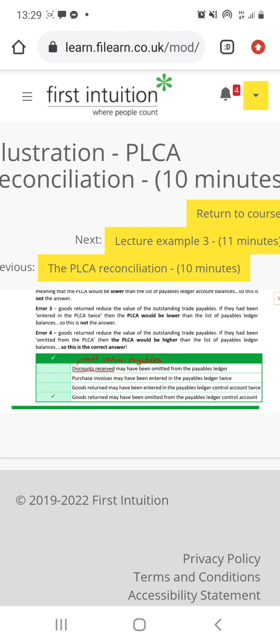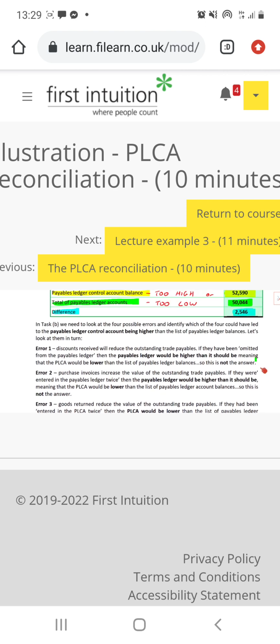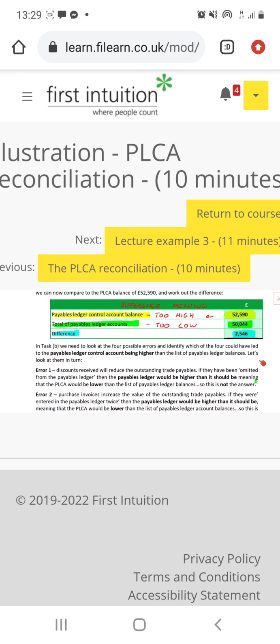The whole point about receiving a discount is that you can now pay less to your supplier, so it reduces your payable. They're saying these discounts received have been omitted, i.e., not included within the payables ledger. That would mean the payables ledger balances are currently too high and need to be made lower because of this extra discount. Would that work? Well, the answer is no, because already the payables ledger balance is low.